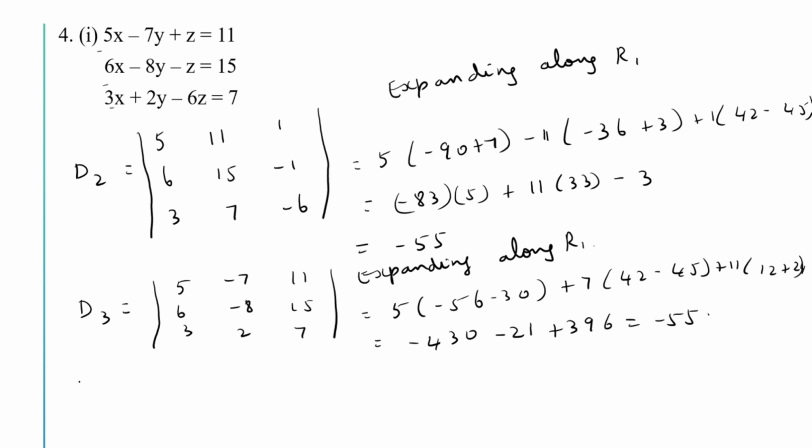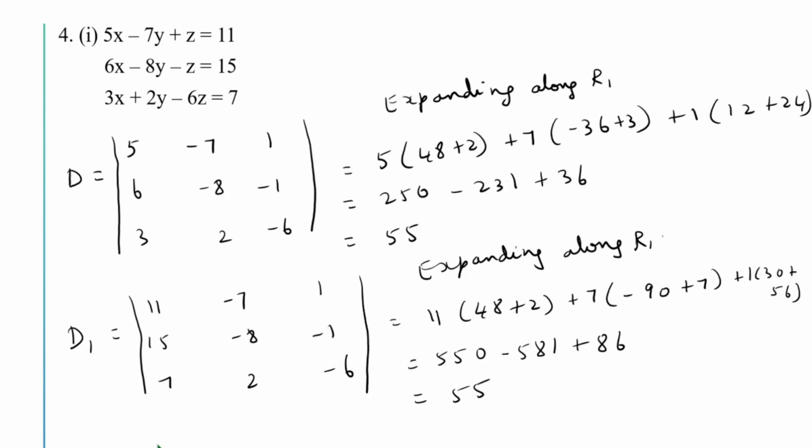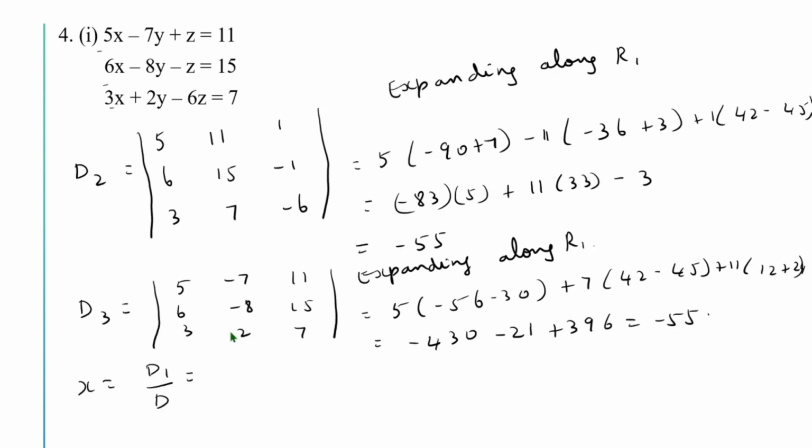Now x is equal to d1 by d. So d1 we got 55 and d is also 55. So this is equal to 55 by 55. It is equal to 1. Then y is equal to d2 by d. d2 here we got minus 55. So minus 55 by d is 55 equal to minus 1.